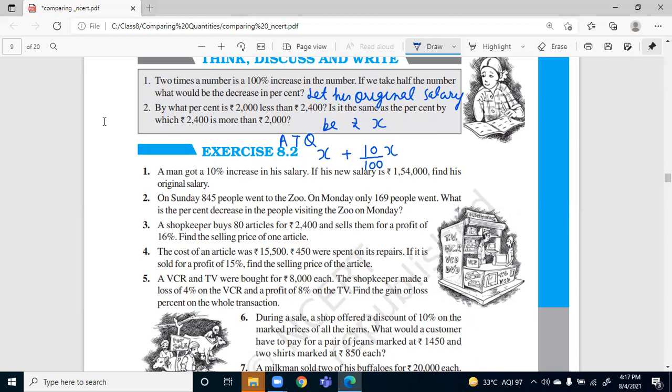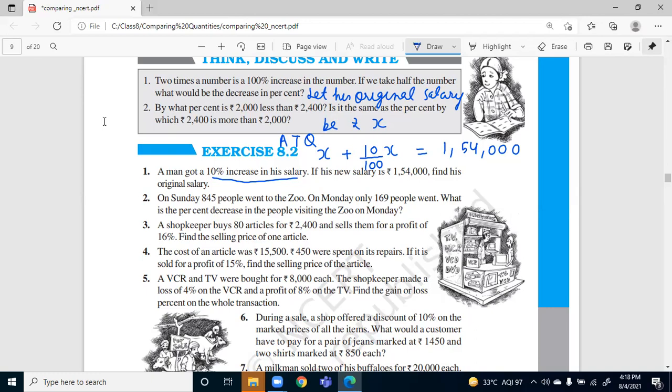So 10% means 10 upon 100 into X. If I add this to the original salary, I will get the new salary. So see what I have done. His original salary is X. It gets increased by 10%. So I have added 10 upon 100 of the salary and got the new salary. So this statement is understood by both of you.